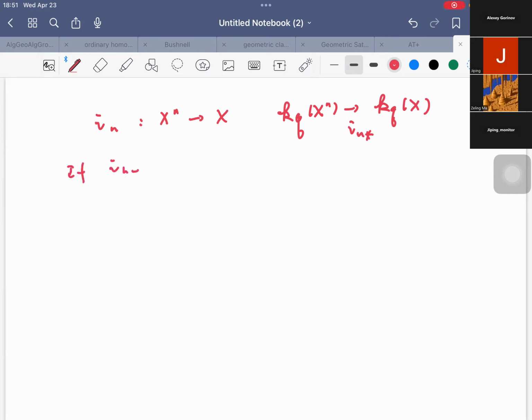We want to prove this is an isomorphism for Q less than n. So for Q less than n, the map I_N lower star is an isomorphism. So how do we prove this?